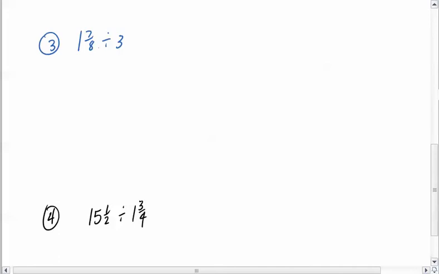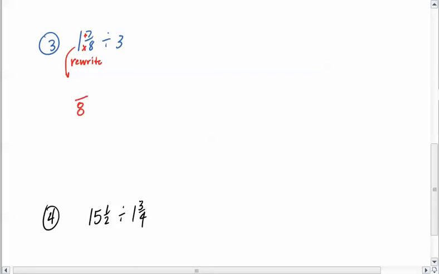Okay, let's take a look at a third one. Now on this one, we have a mixed number and a whole number. So this mixed number needs to be rewritten as an improper fraction. So what I'm going to do is multiply 1 times 8, and then add the 7. I'm going to keep the 8.